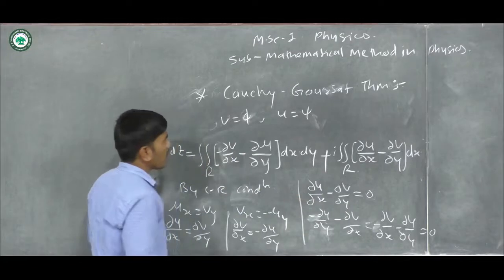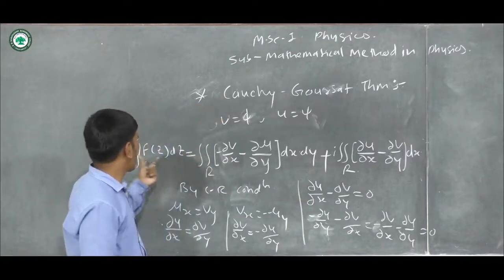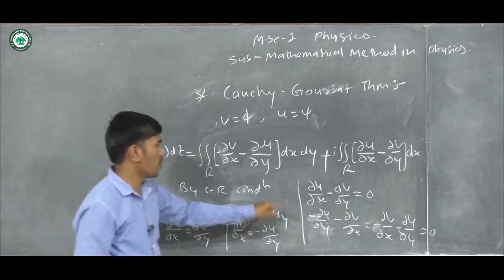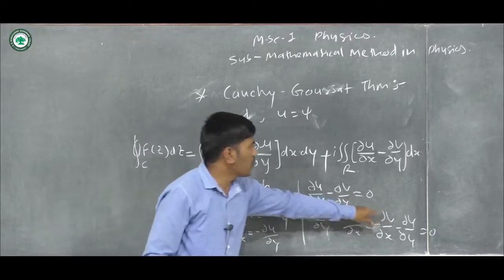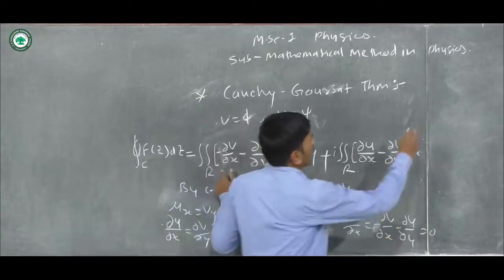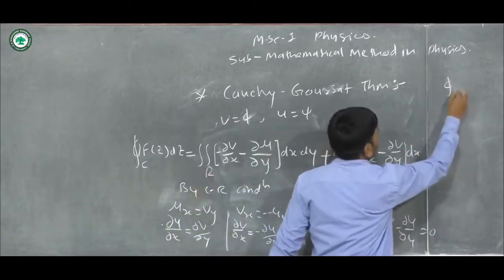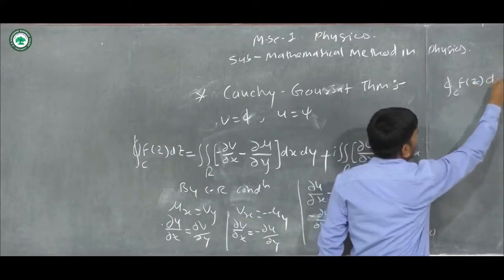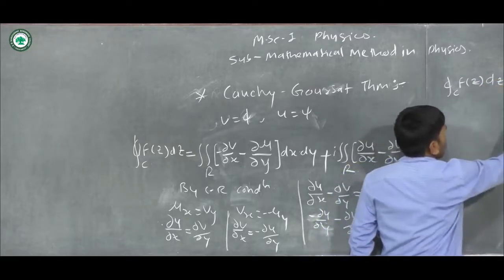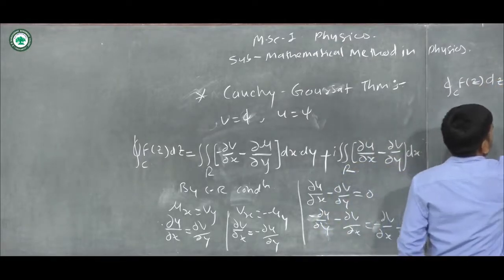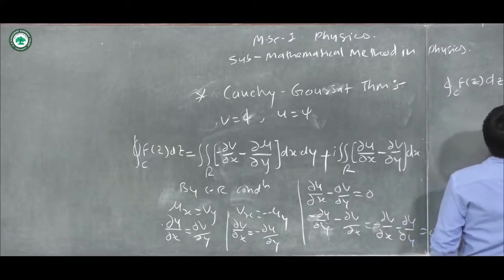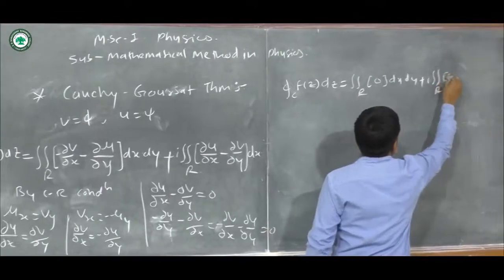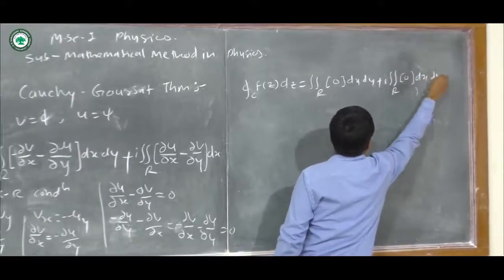So what is our task by this Cauchy-Goursat theorem? This closed integral over C of f(z) dz is equal to 0. If you put this 0 and 0 in this term, the closed integral over C of f(z) dz is equal to the double integral over R of 0 dx dy plus i times the double integral over R of 0 dx dy.